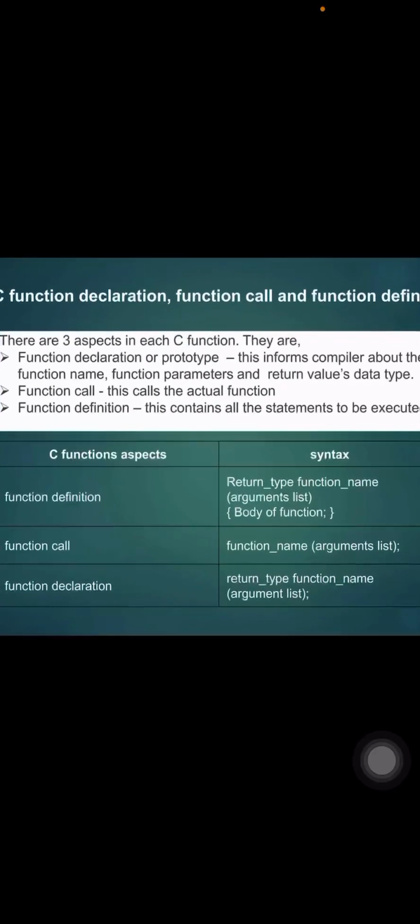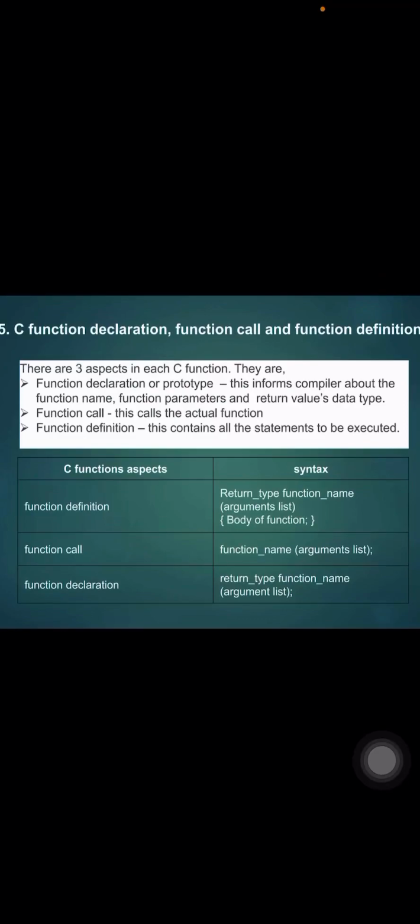Then comes the function call. Function call is performed in the main function. Function declaration can be done before the main function, or you can give the function declaration in the main function also. And the definition of the function can be after the main or before the main.